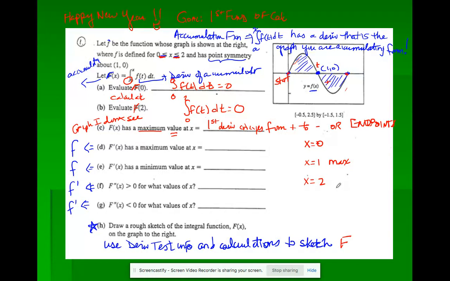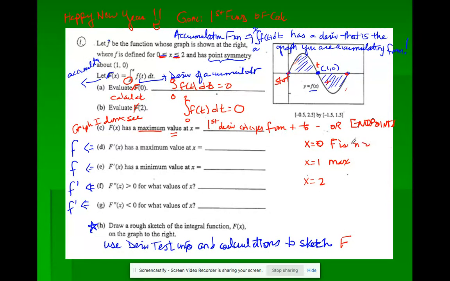So at x equals 1, I'm certainly a maximum. What's true about the left endpoint? The derivative is positive, meaning if your derivative is positive, capital F is increasing.